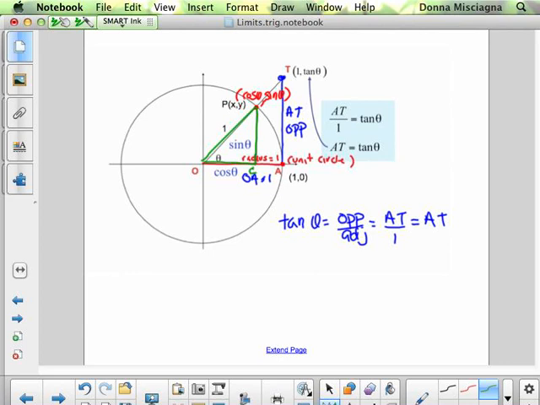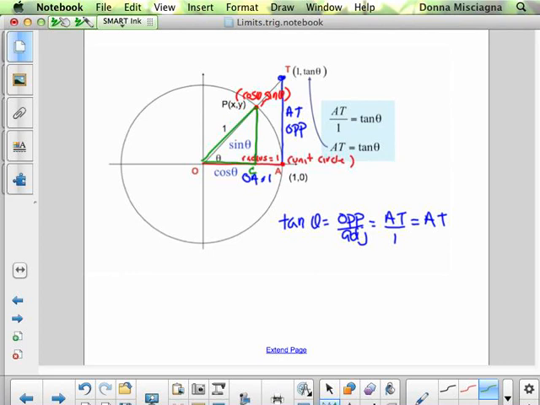And you might think, well, dude, that's just as many variables as we had in the triangle OCP. And you're right, but then you're not right. Because if I think of how I calculate the area of a triangle, I don't use the hypotenuse. So it really doesn't matter that I don't know what OT is, because I do know what OA is, it's 1.